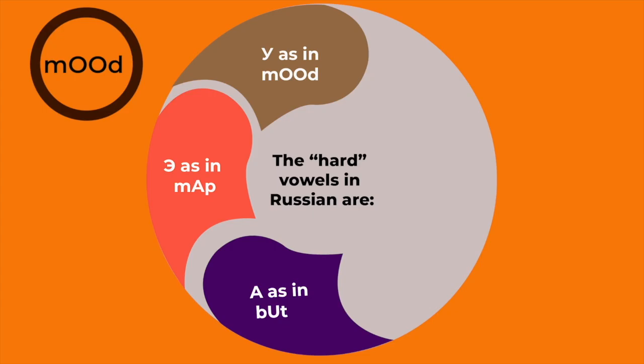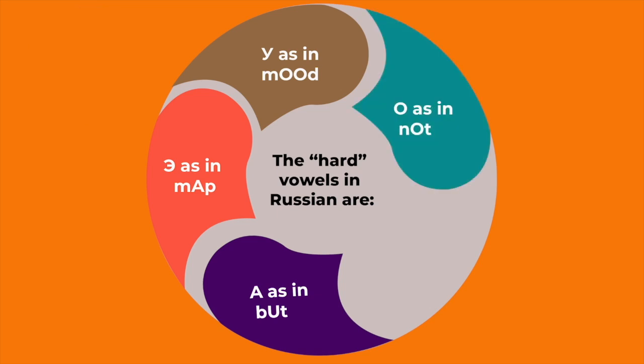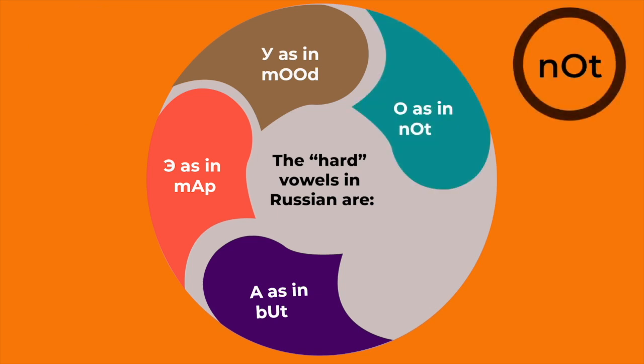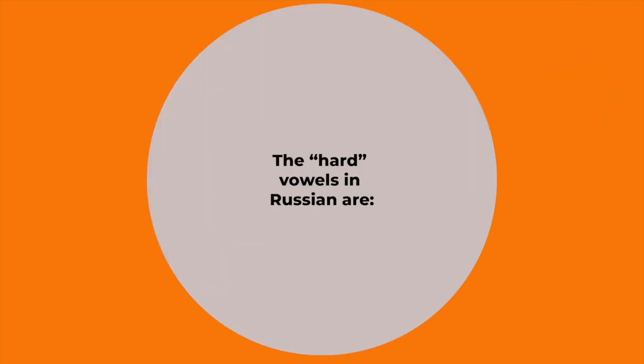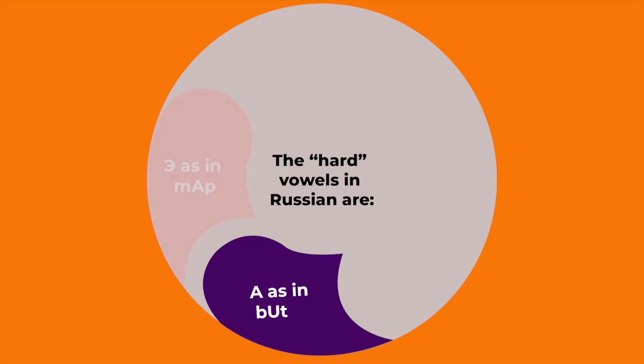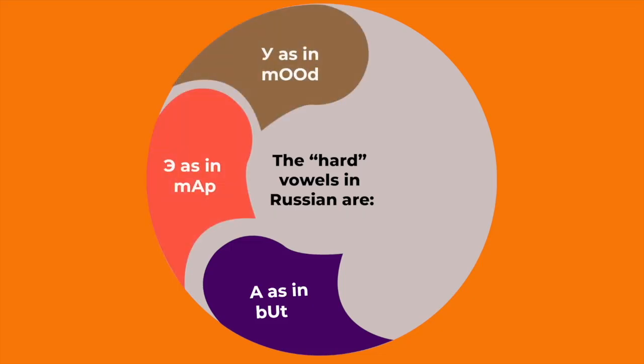The sound in this word 'mood' closely resembles the letter У and its sound. And likewise, in the case of the letter О, we have used the English word 'not'. The sound of O in 'not' is absolutely similar to the sound of the Russian letter О, as in 'not'. So let's repeat once again: А, Э, У and О.